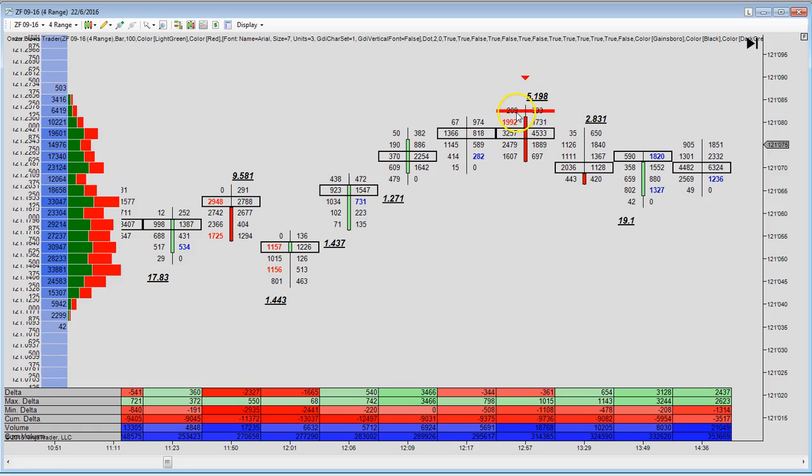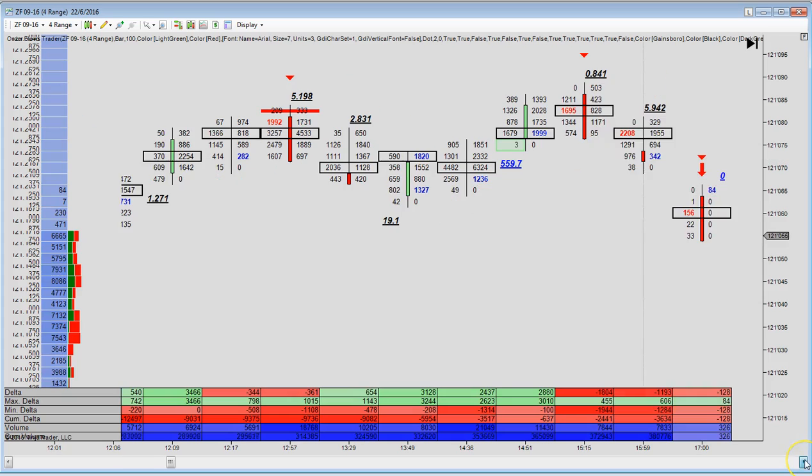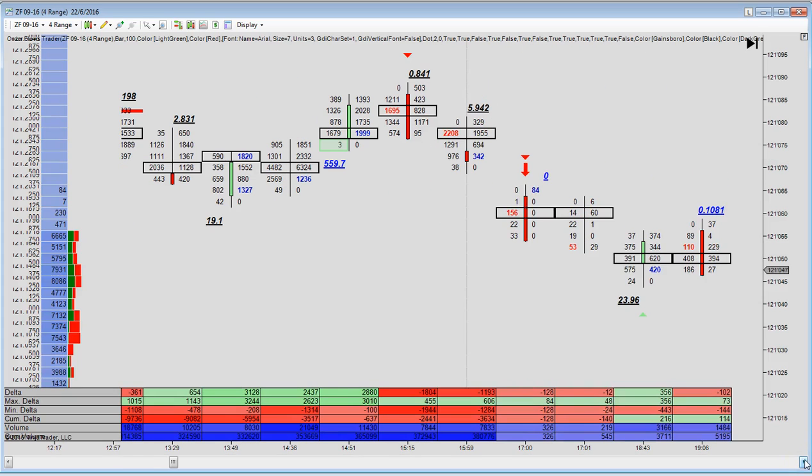And you got the divergence, and you got the price rejector. The time is just before 1 o'clock. You come off a little bit, but then you start to turn around. It's 2:30 at this point, getting ready to close for the day.